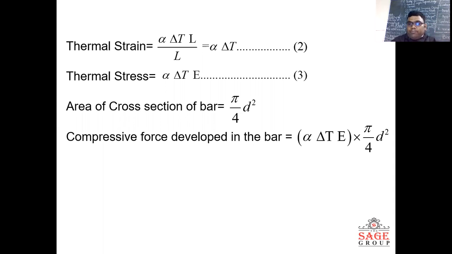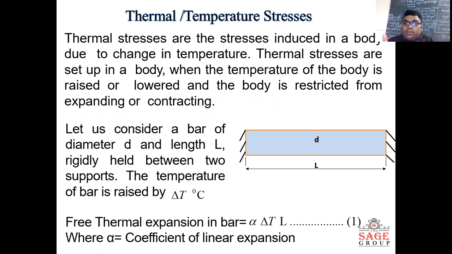This force is always compressive in nature, because the thermal stress condition is that it is only produced if both ends of the bar are fixed. If one end is free, expansion takes place but stress will not be developed. So this is the point.